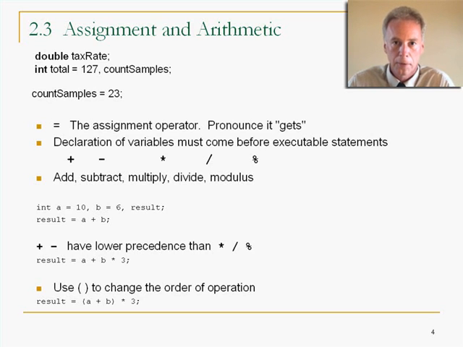So there at the bottom of this slide we have an expression where the addition happens first, and then the result of A plus B is multiplied by 3, and then the result of all of that is assigned to the variable called result.